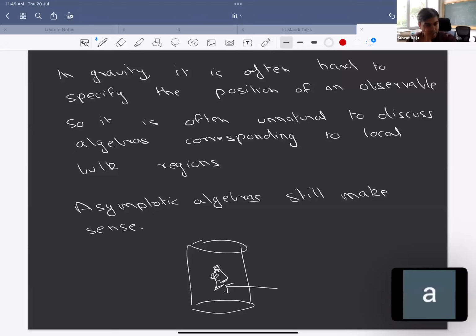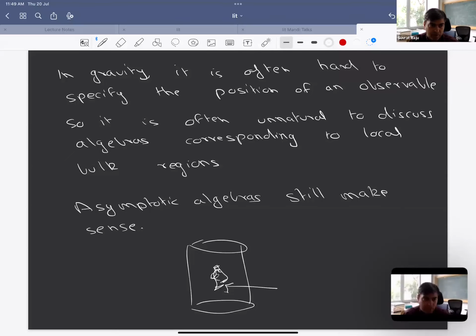Okay. Thank you. So asymptotic algebras make sense, and the reason they make sense is, when we discuss something happening in AdS/CFT, the kind of picture we have is that there's some mess in the bulk. But at infinity, the way we define the theory of gravity is that we insist that the metric goes to the AdS metric.